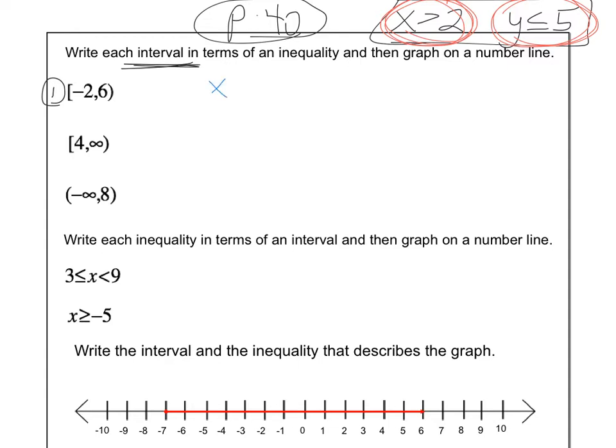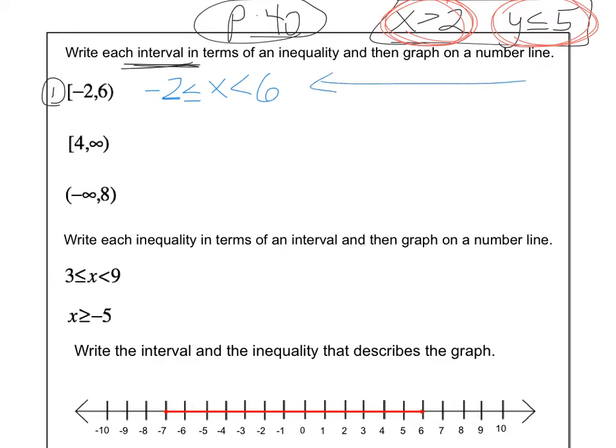So in looking at problem number 1, my solution set is in between. x is in between -2 and +6. If you read them separately, it would say x is greater than or equal to -2, and at the same time, x is less than +6.